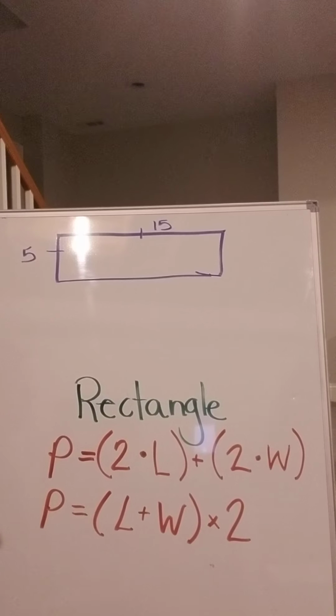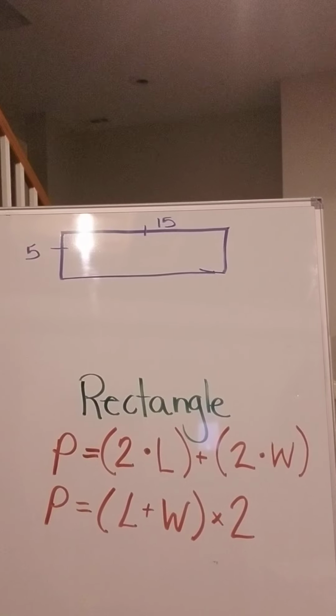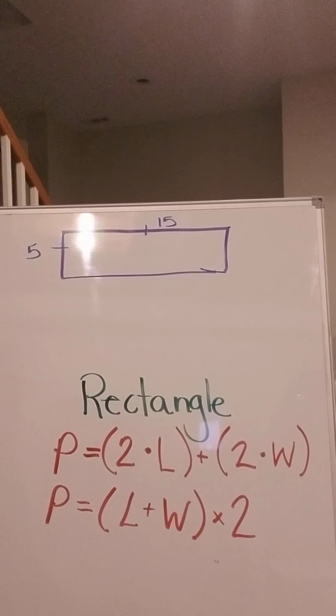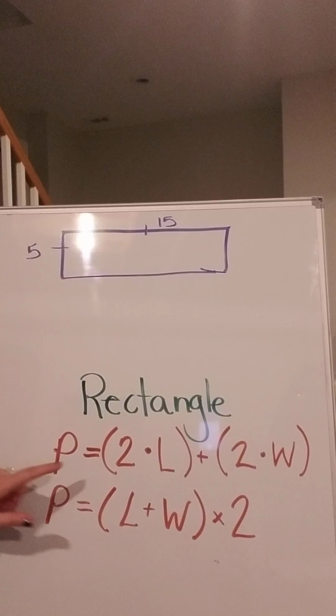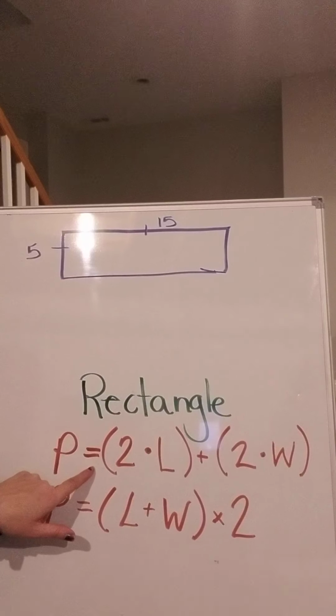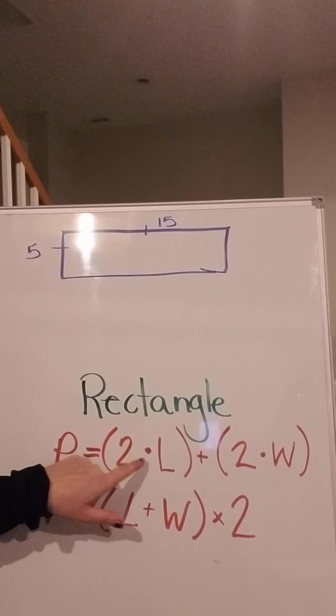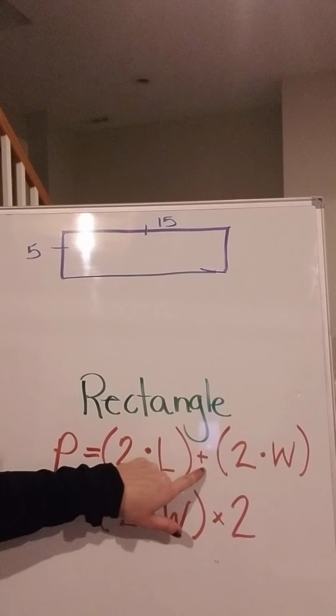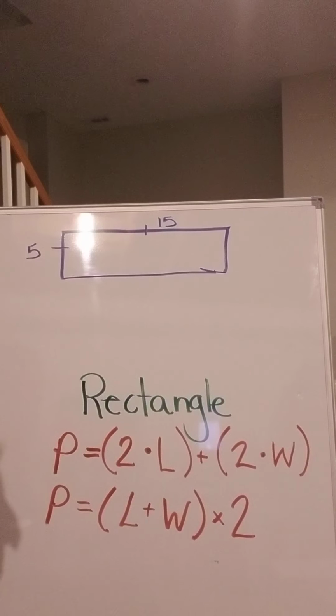Okay, and the next type of polygon we're going to talk about is a rectangle. Now everybody knows what a rectangle is. I've drawn an example at the top. To find the perimeter of a rectangle, as always, you can add up all of the sides, just like we had in the first formula. Or there are 2 ways to solve for the perimeter of a rectangle. The first formula is, in parentheses, 2 times the length plus 2 times the width.